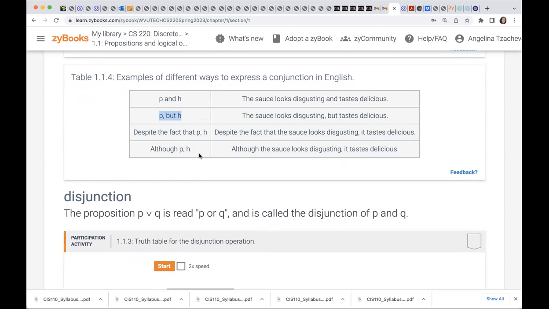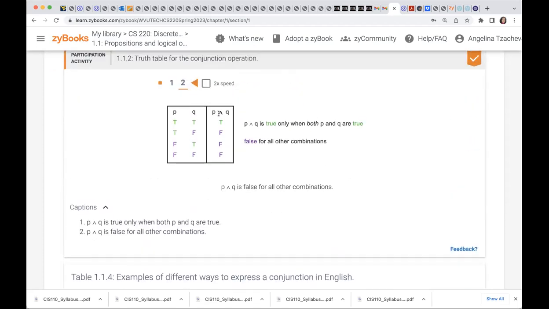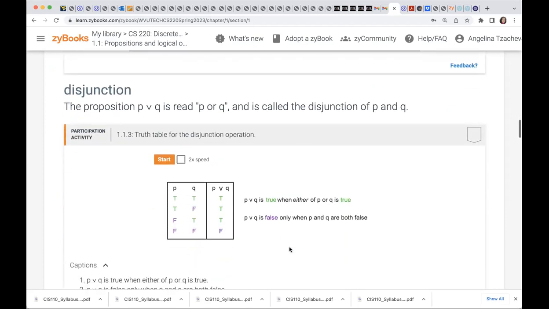Those would imply in English that we are using the logical AND operator. But for the purpose of computer science and for our purpose, we are just going to use it literally when it says AND or it has this sign. This is the logical AND operator.